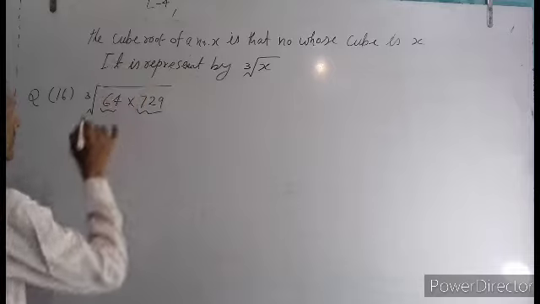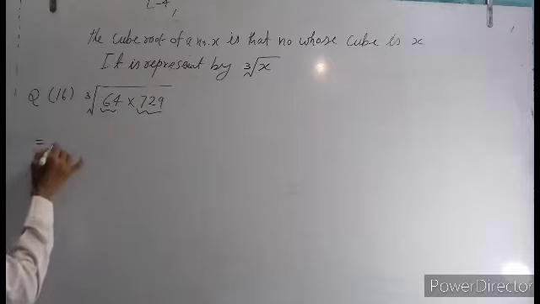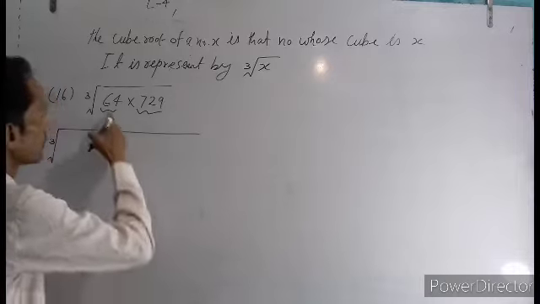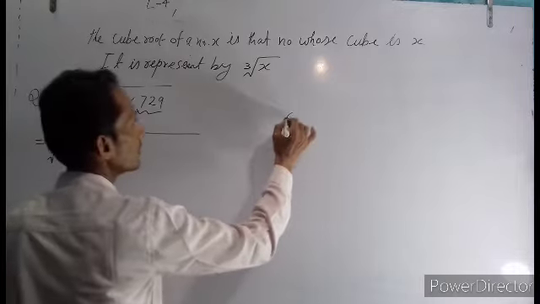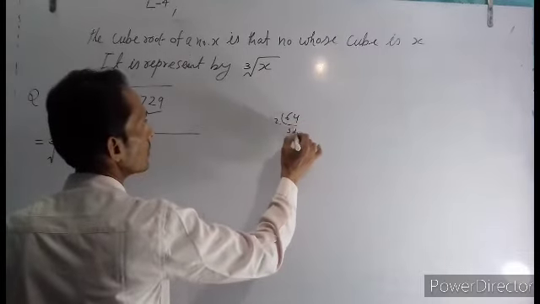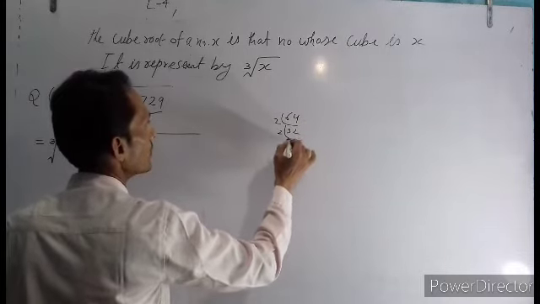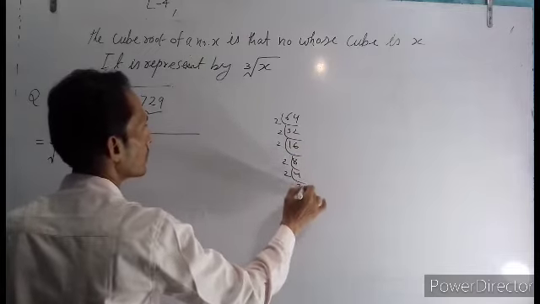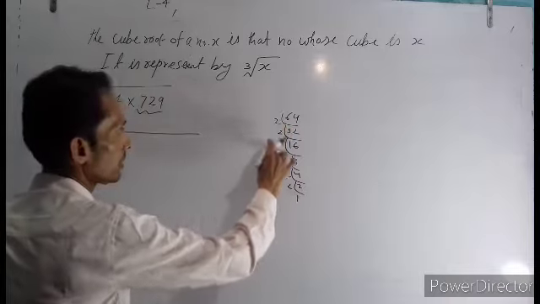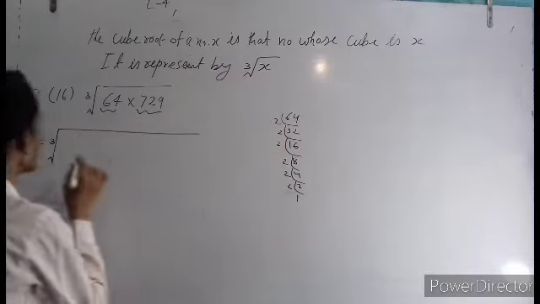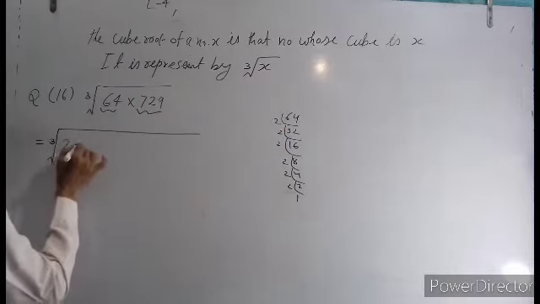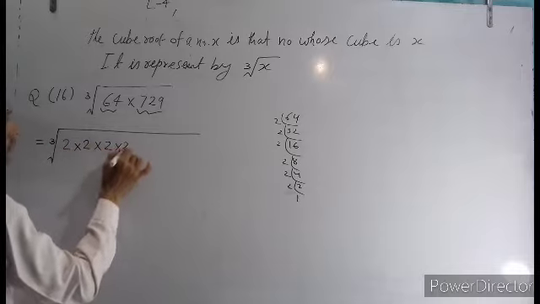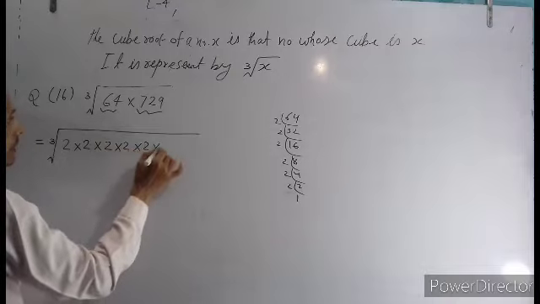Prime factorization of 64: 2, 32, 16, 8, 4, 2 and 1. How many times 2? 6 times. So you can write 6 times 2: 1, 2, 3, 4, 5 and 6.